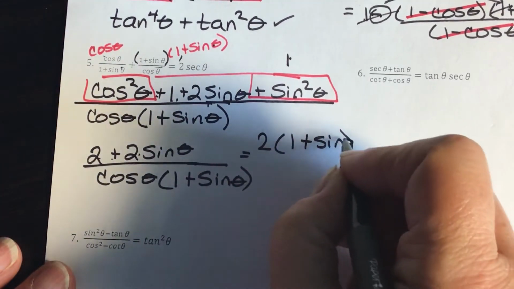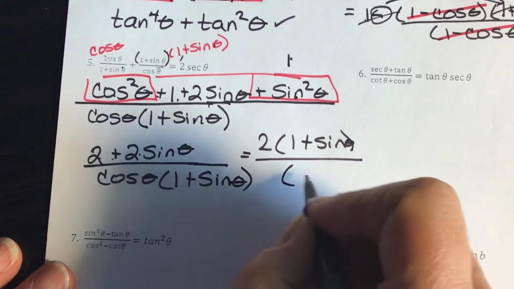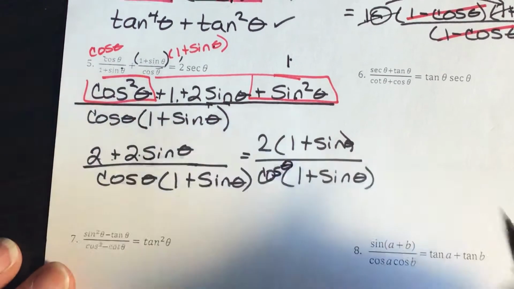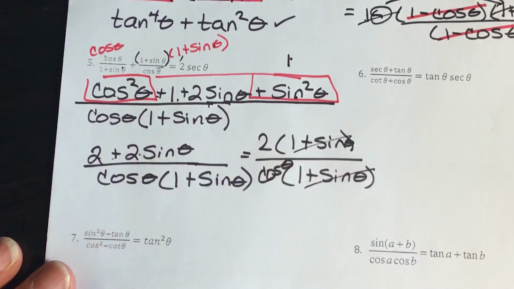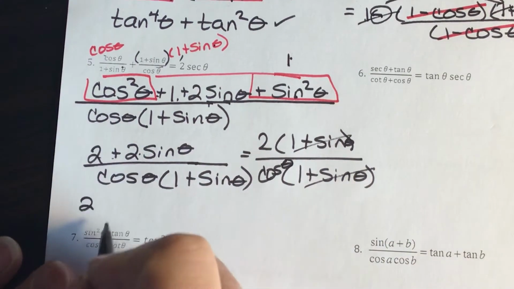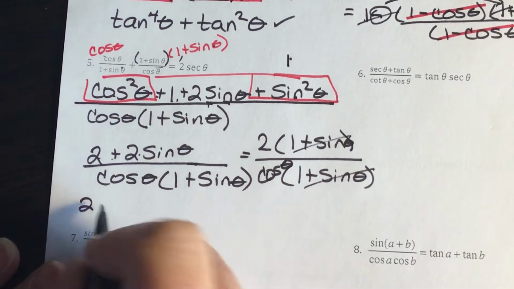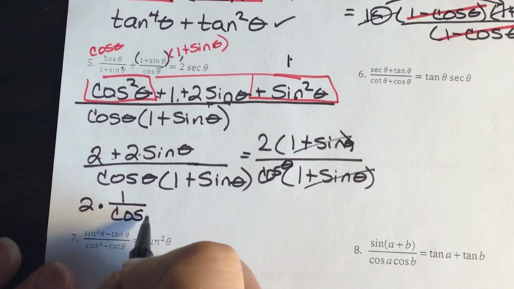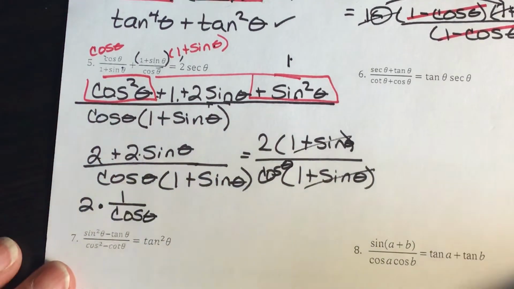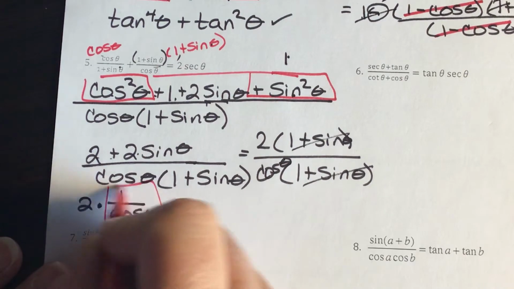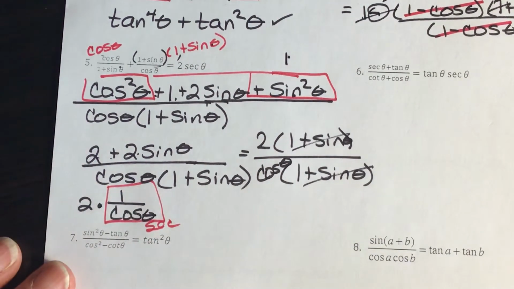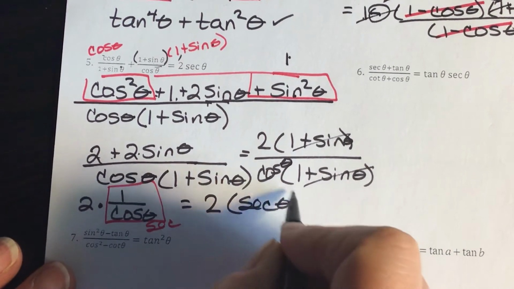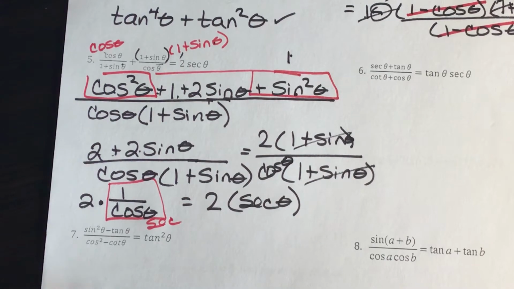And I have that factor of 1 plus sine theta. And the cosine, I forgot here. So the 1 plus sine thetas will cancel out. And I'm left with 2 over cosine of theta. Or sometimes I like to write this separate. 1 over cosine of theta. And I know that this is secant. So this gives me 2 times secant of theta, or 2 secant theta.